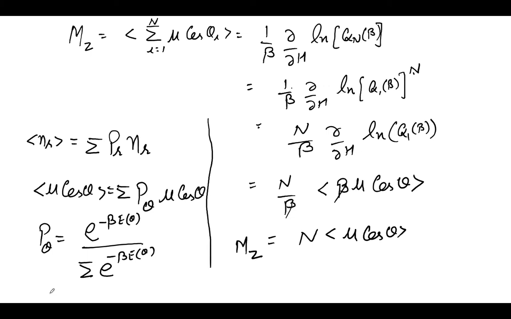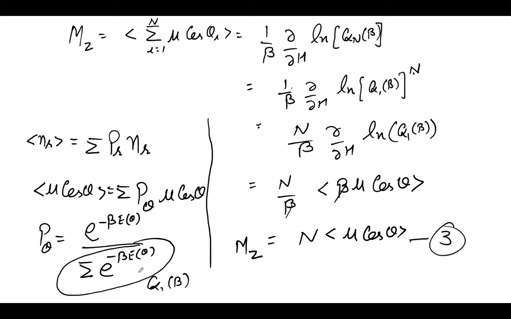The denominator is generally known as the partition function for one dipole. Let us say this is equation number 3 and this is equation number 4.